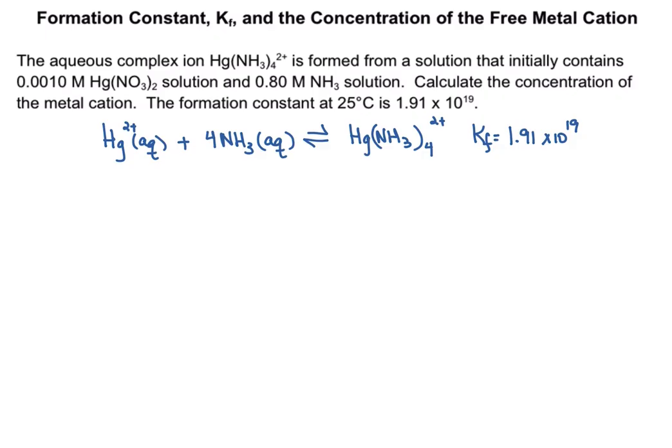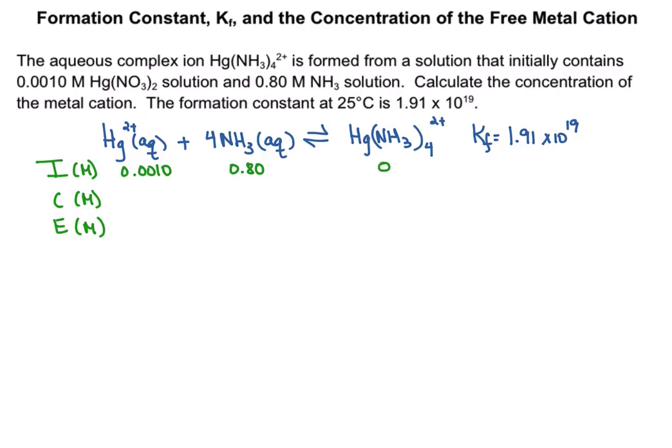The next thing I want to do is set up my ICE table. Initially, I have 0.001 molar of mercury, 0.8 molar of ammonia, and initially I have no complex.